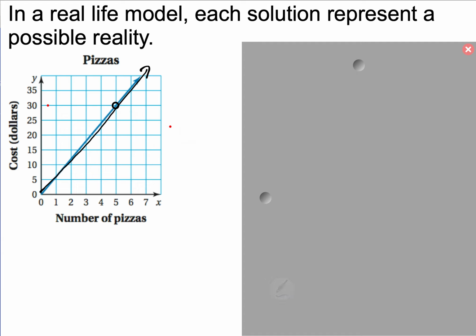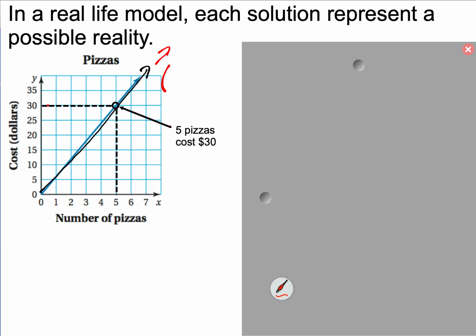This point that I have drawn would represent, we'll follow it down to the x-axis, 5 pizzas, $30. It means that 5 pizzas cost $30. The reason I say it's a possible reality is the math will go on forever.